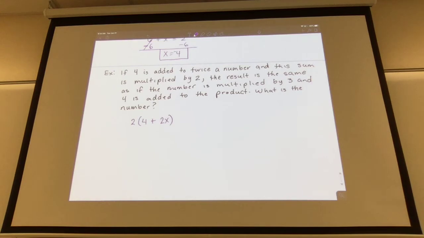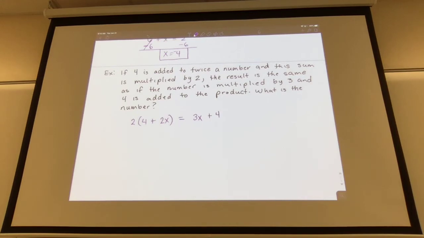The result is, that's our indication for equals, the same as if the number is multiplied by 3, and 4 is added to that product. So the product of those two, and 4 is added to that.